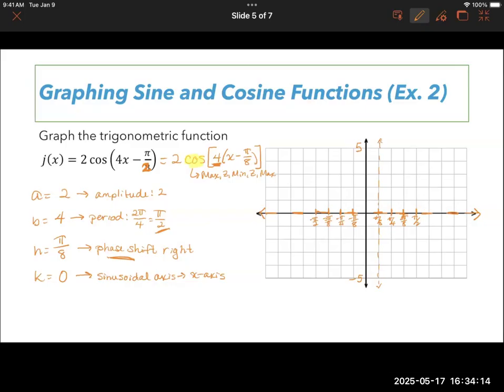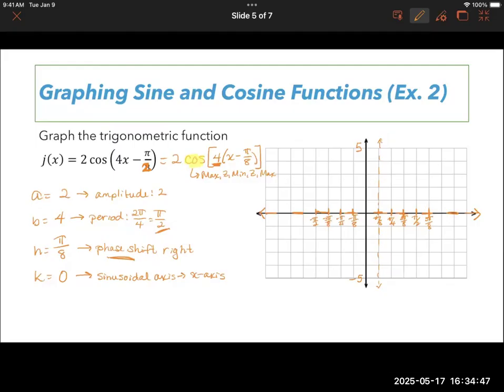And so because I'm shifting 1 unit, 1 box to the right, I need to label 1 more box to the right here so that I have the space to do a full period. So if we're going by 8ths, this is going to be a 5 pi over 8. Now, I don't really need to label that on the negative side because I'm not going further to the left, I'm going further to the right.